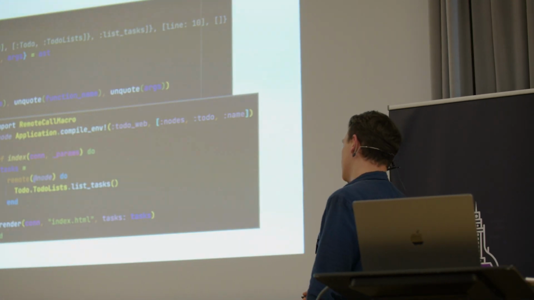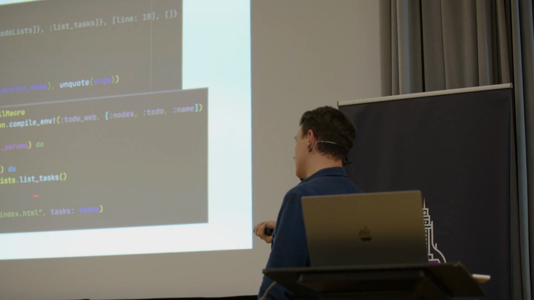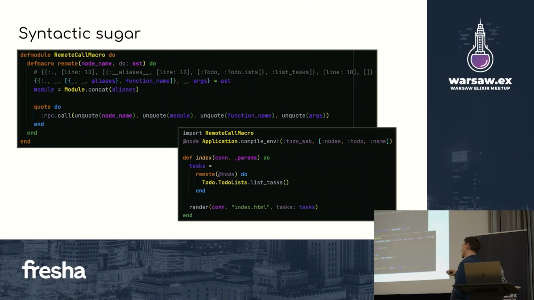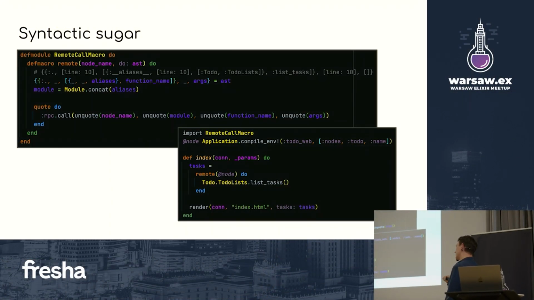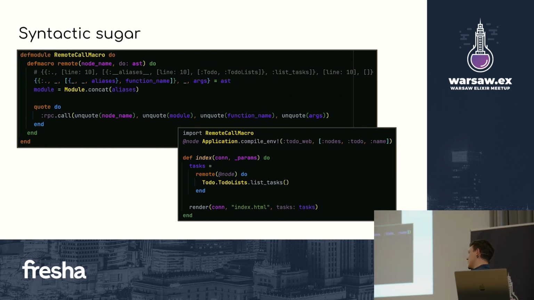So that would be nice in a way that we wouldn't have to change this logic in the controller, right? It would just change underneath. But on the other hand, it's a bit magical. So I don't know. That's one option.